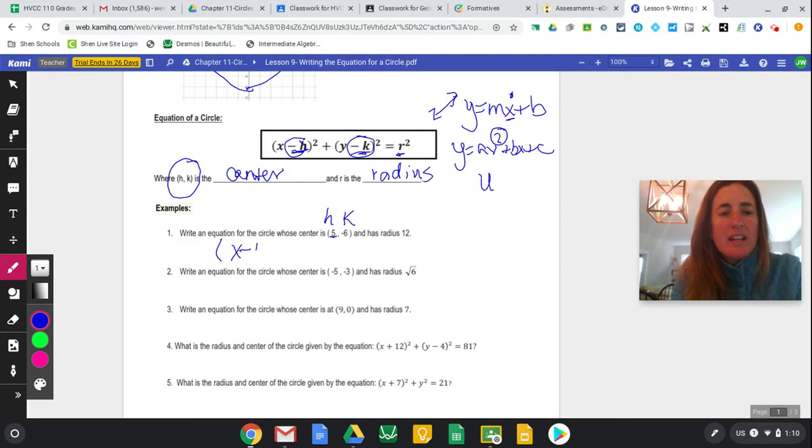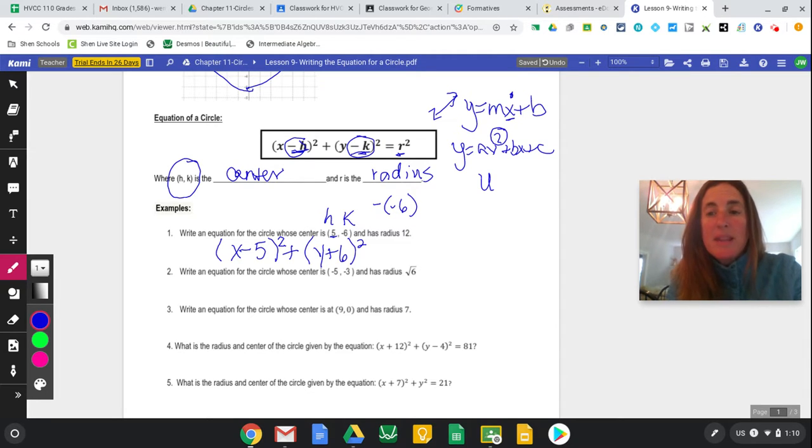So we're going to do minus 5, and it's always squared, plus y, but it's minus negative 6, and minus negative 6 turns that into a plus 6 squared. Remember, the sign is opposite of what it actually is there. And then it equals our radius, which is 12, but I've got to take 12 and square it, so that's 144, and that's your equation of your circle with a center at 5, negative 6, and a radius of 12.